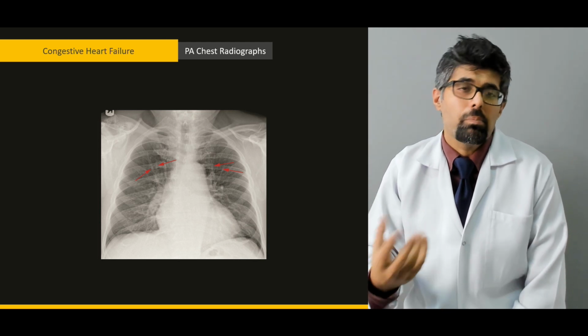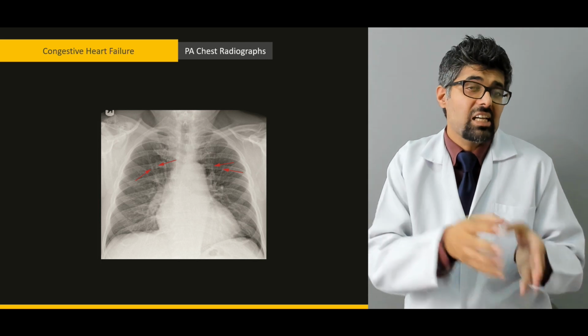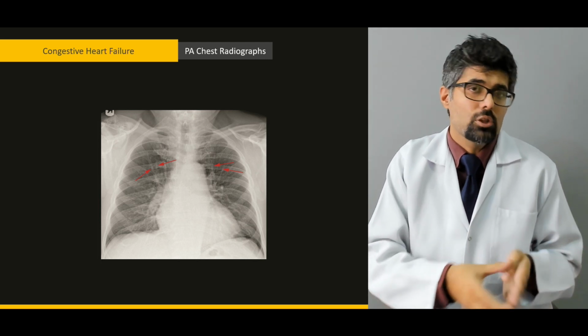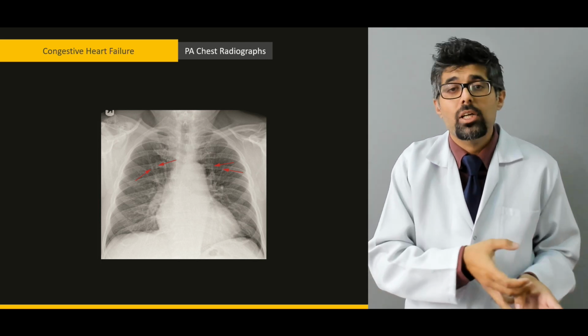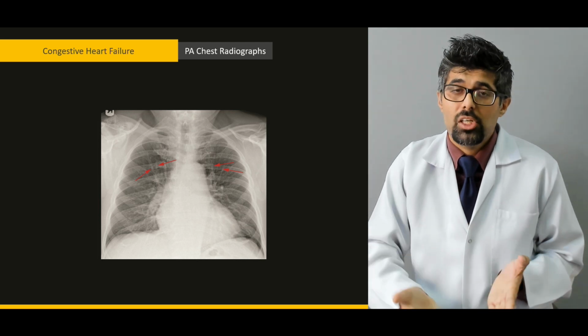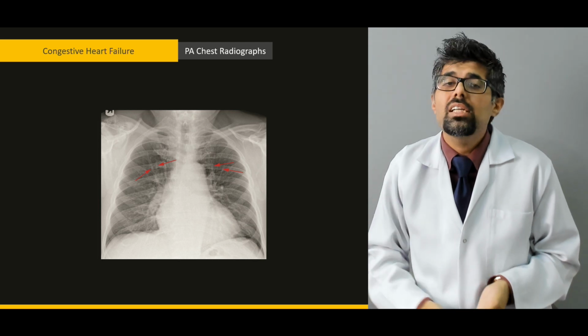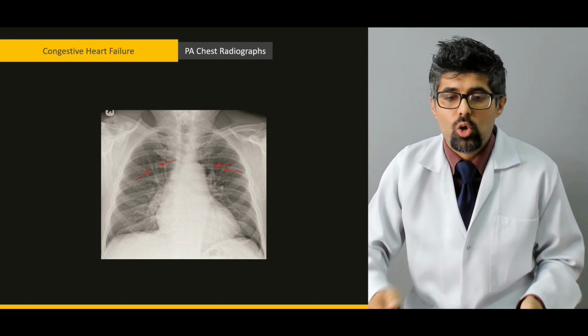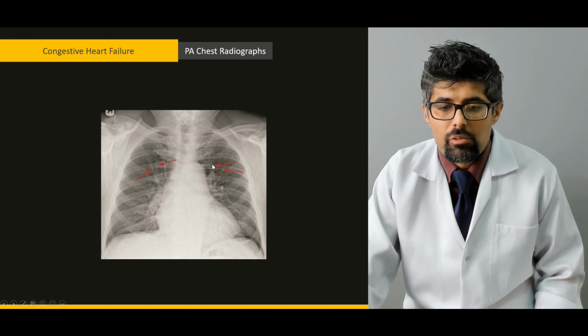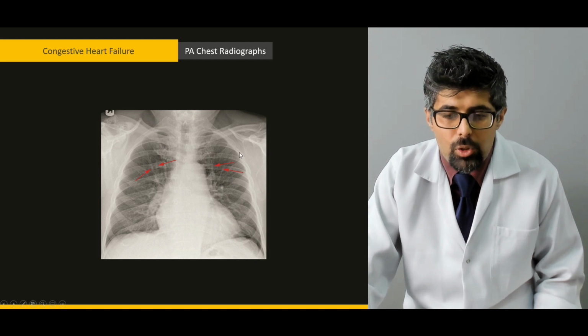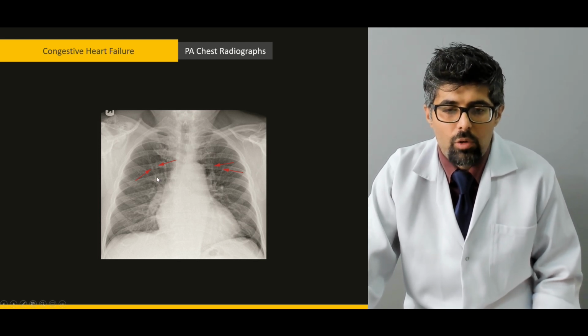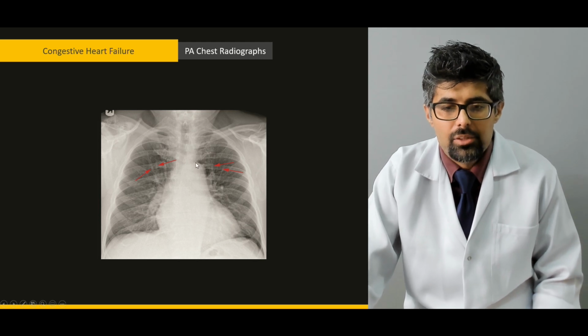One of those is an increased left atrial pressure, which means an increased pulmonary venous pressure, and that increased pulmonary venous pressure causes the veins in the upper lobe of the lungs to dilate.